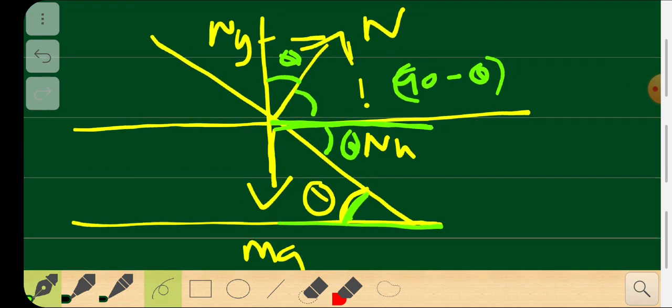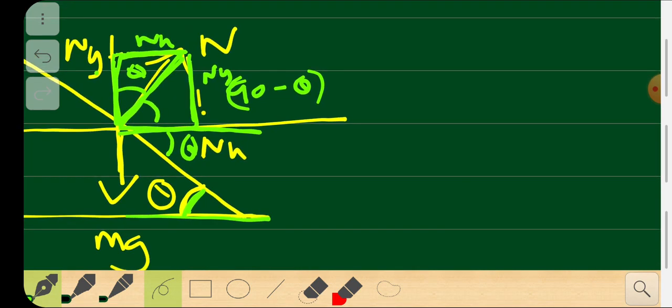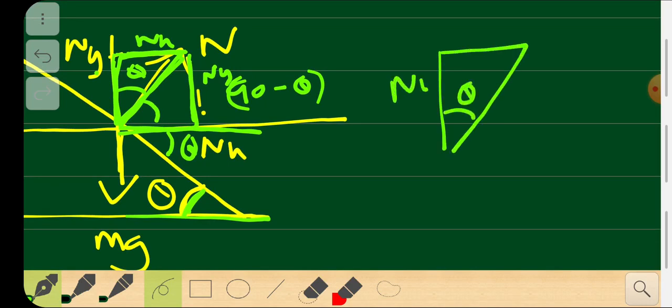So now you can say that this length is the same, which is n_y, and this length will be the same, so that is n_x. So now I'm going to draw only this triangle to the side. I'm going to draw this triangle, which looks like this, right? This is theta, and this is n_y, and this is n, and this is n_x. Okay, I got that now.